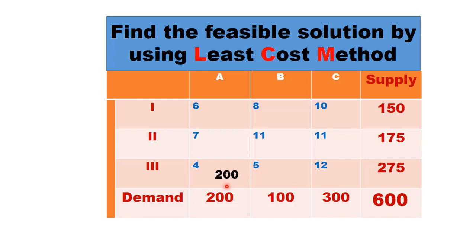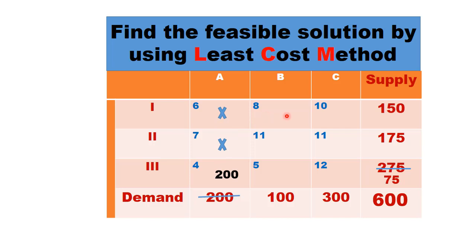Notice that the remaining two cells in column A have been eliminated because the demand at A, 200 units, is already fulfilled. Coming to the supply, out of 275 we have allocated 200 units. The leftover units are 75. Now we have to eliminate these two cells.